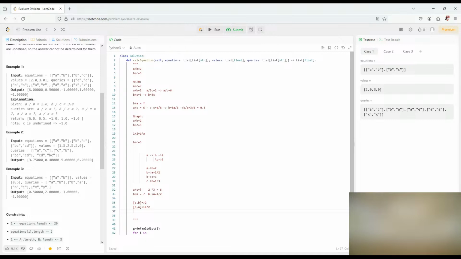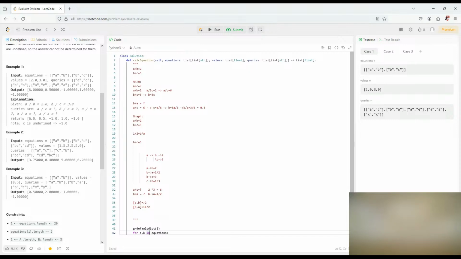And then, okay, so for E in equations, A, B in equations. Can I do zip?